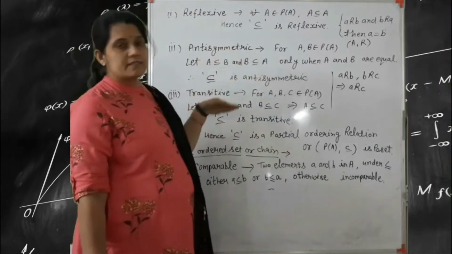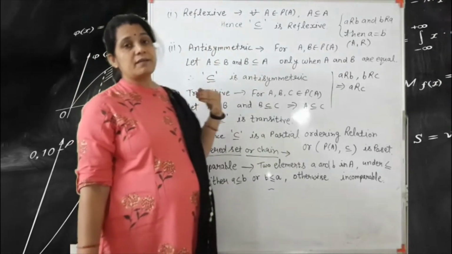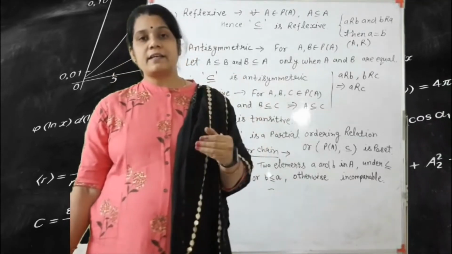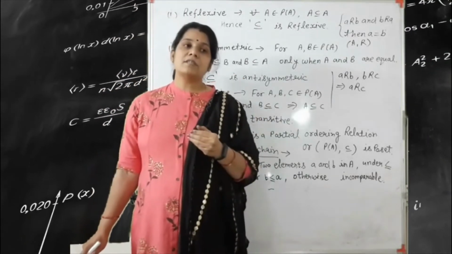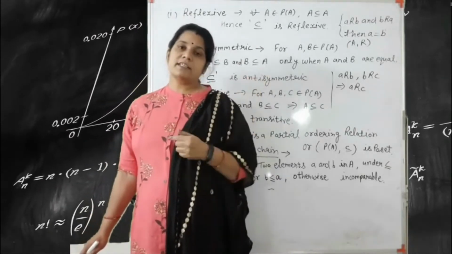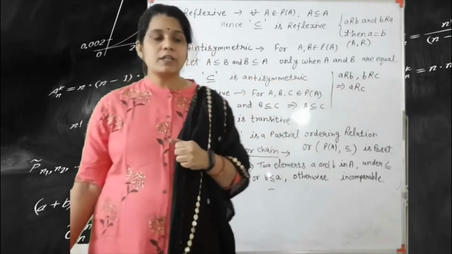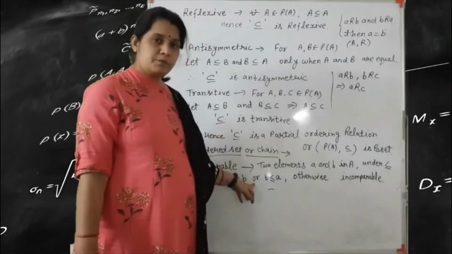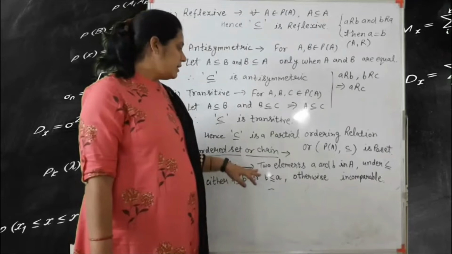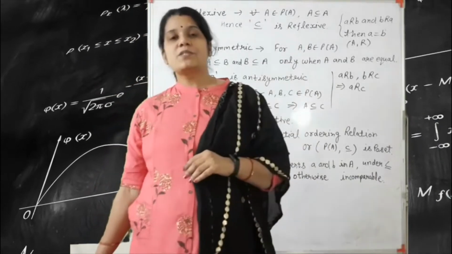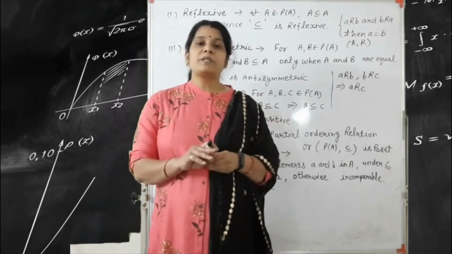Our next topic is how we draw the Hasse diagram. According to the Hasse diagram, we have the digraph or diagram, which we already saw in our first lecture. Okay, so according to comparable, if A less than or equal to B or B less than or equal to A, otherwise it is incomparable. Our next topic is the Hasse diagram.